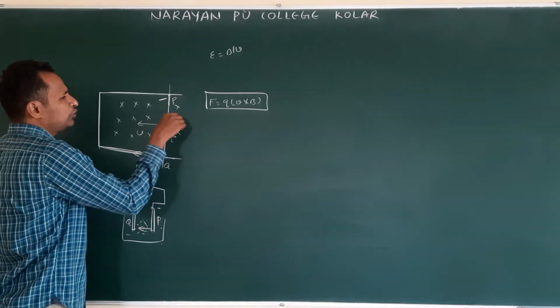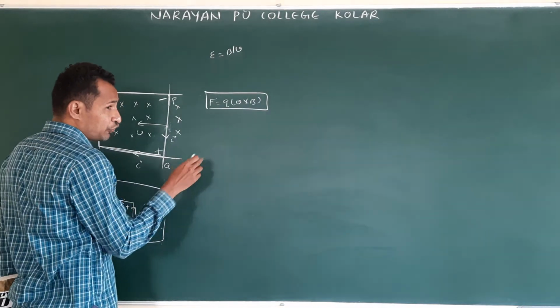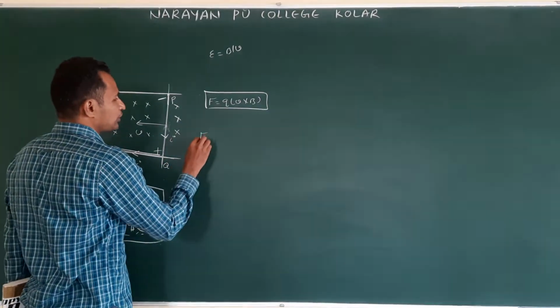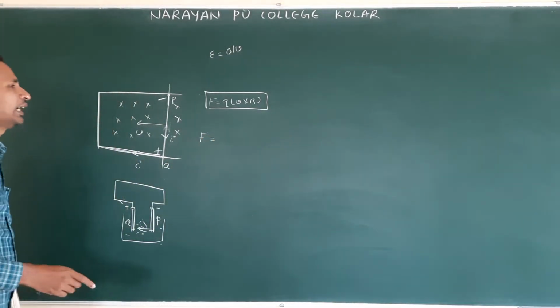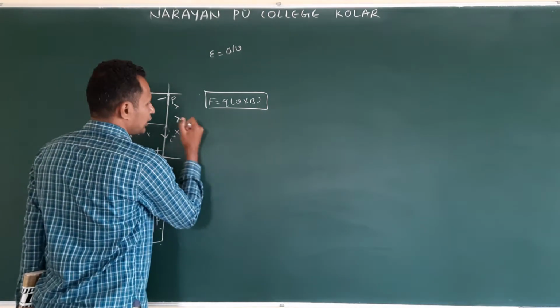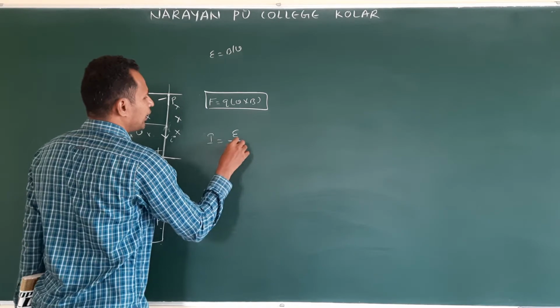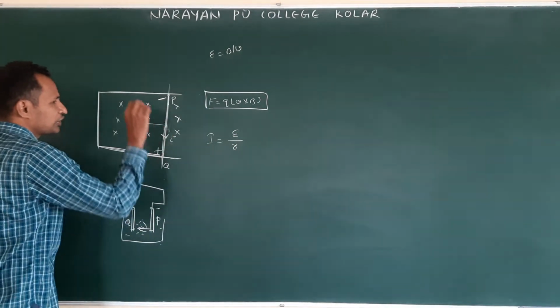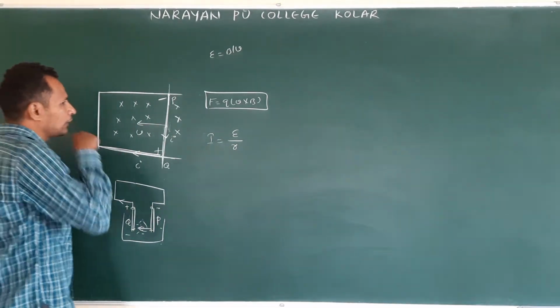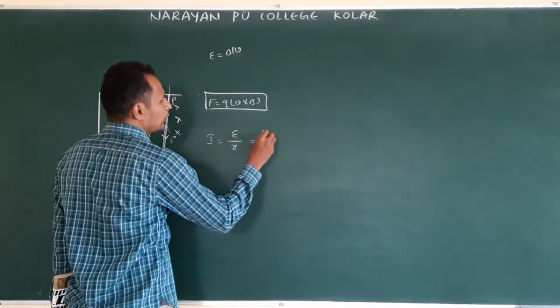Okay. Now to find the force, yesterday I gave the force expression. What is that? Force is equal to, and yesterday what did we see? First we have seen current. Current is equal to E by R, where the resistance of this wire is R. Clear? So then E is equal to what?